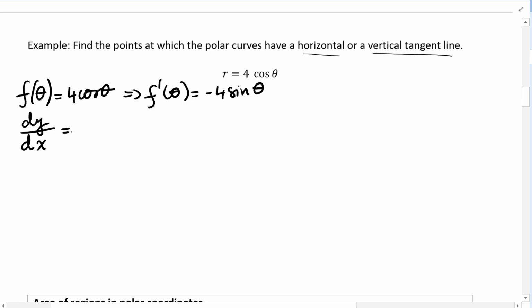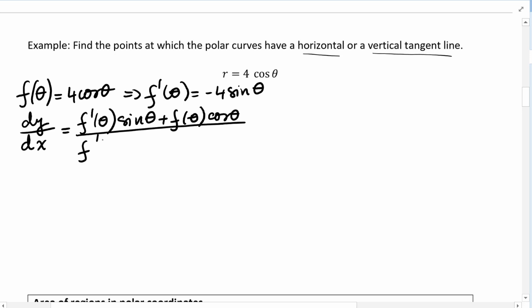So we want to find the slope. dy/dx is given by f prime of theta sine theta plus f of theta cosine theta over f prime of theta cosine theta minus f of theta sine theta.